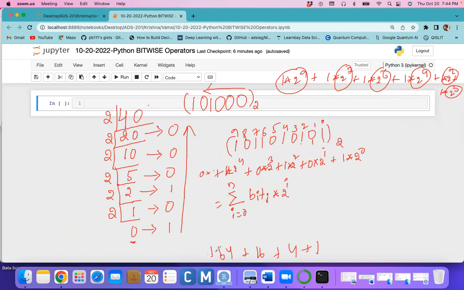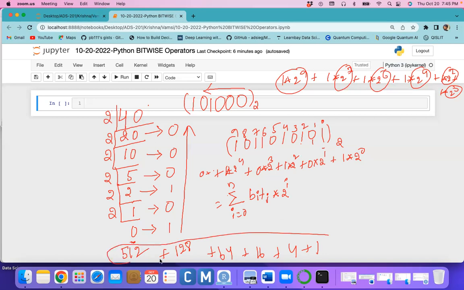It's a 64. Okay, 2 power of 6 is 64. 2 power of 7, it could be the 128. Next, 2 power of 8 is 256. 2 power of 9 is 512. Is it clear?